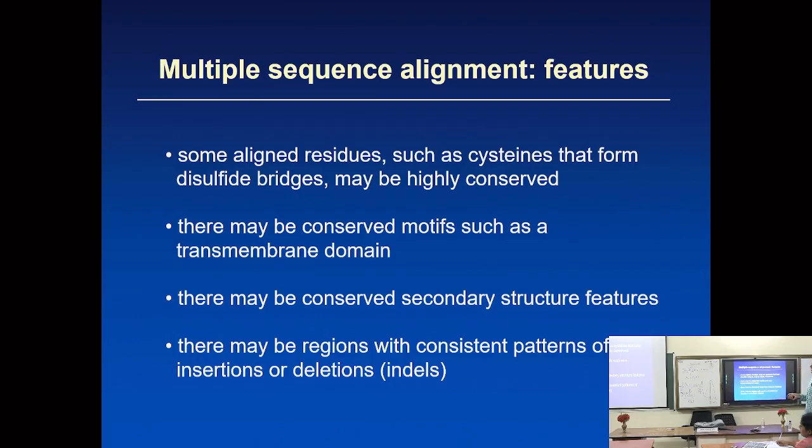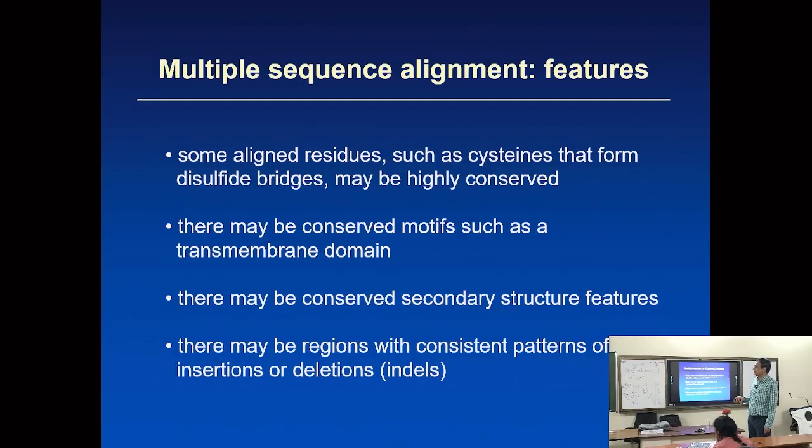There may be conserved secondary structure features, and also when you look at multiple alignment, you will see consistent patterns of insertions or deletions. So gaps often appear together. Okay, so ungapped regions, then gaps, and then ungapped regions, and then gaps, right? So consistent patterns of gaps. So these are the features of multiple alignment.